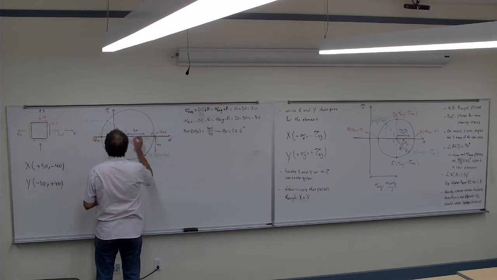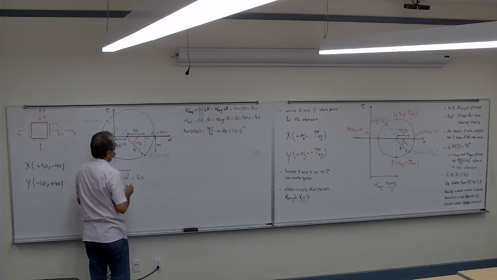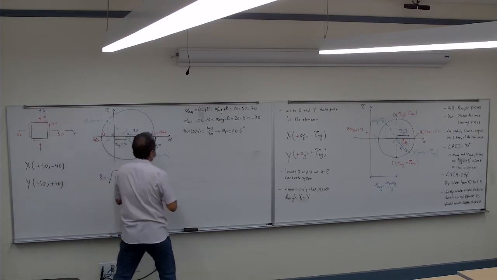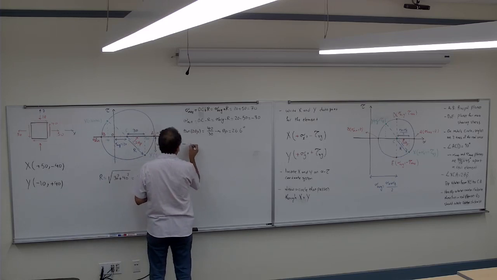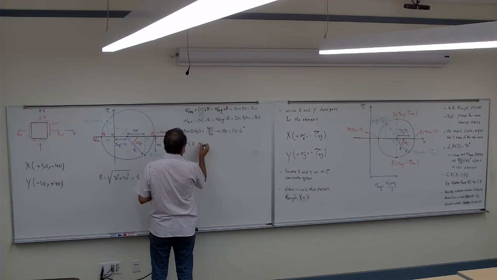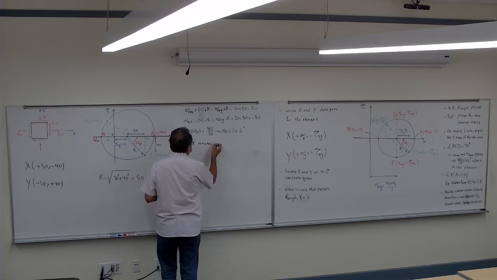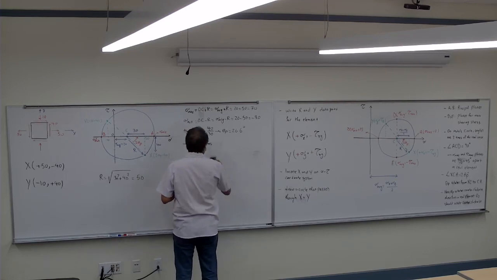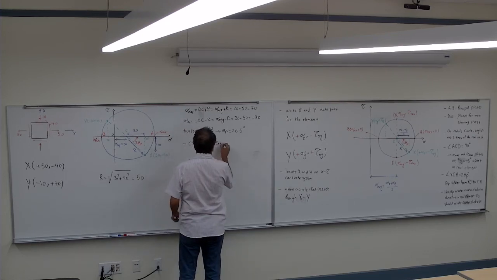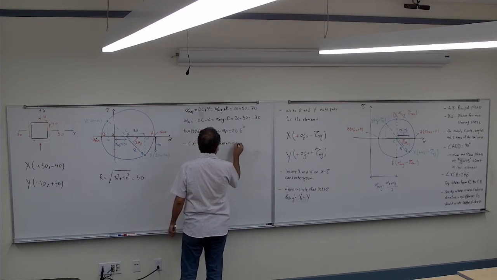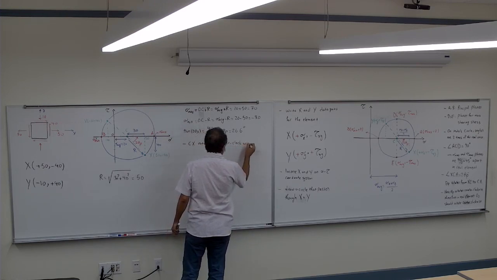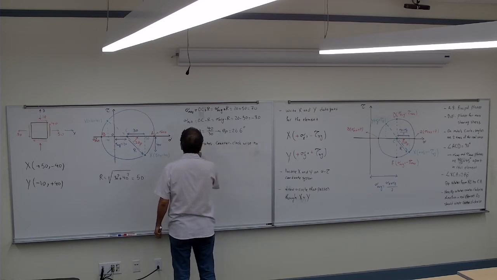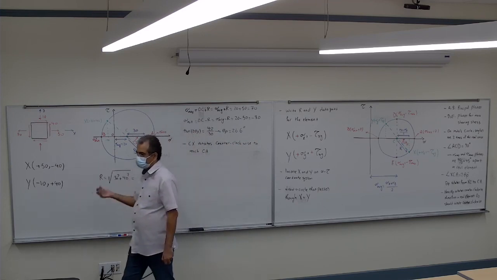This is point A and this is point B. The Cx rotates counterclockwise to reach Ca. Correct?